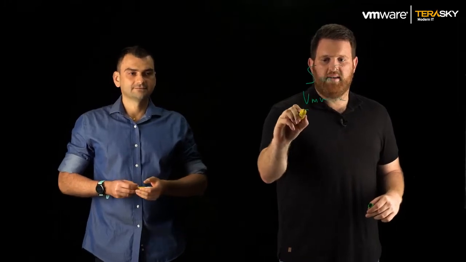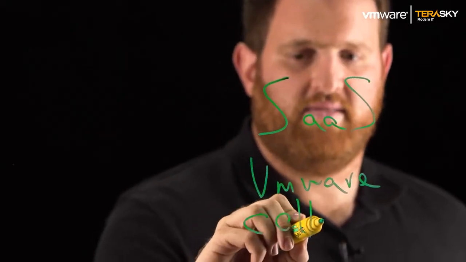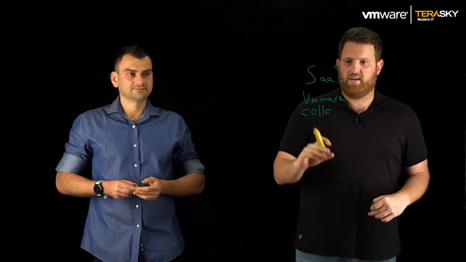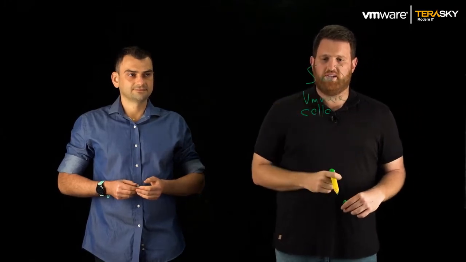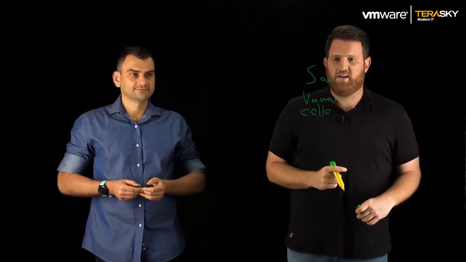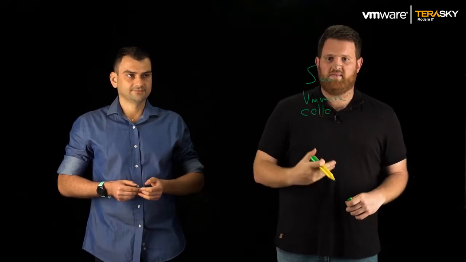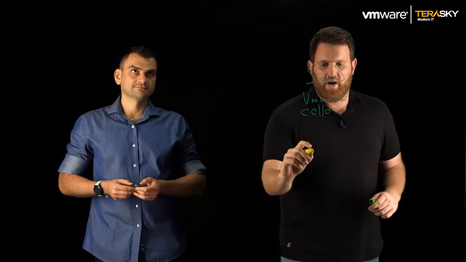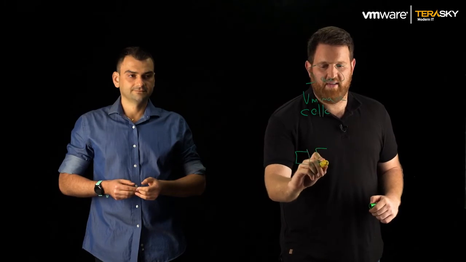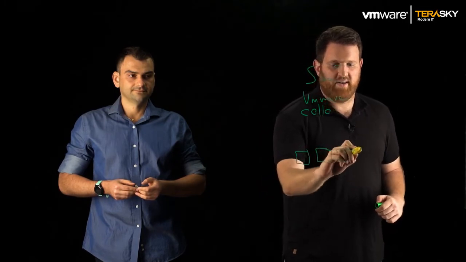Our data centers are physical data centers in a couple of geographical locations, in co-locations. This is where our hardware is basically installed. And we are using VMware technology as infrastructure. So we have several huge clusters of ESXi.